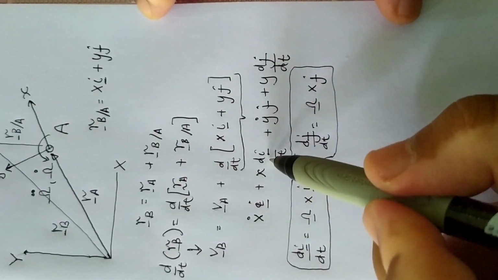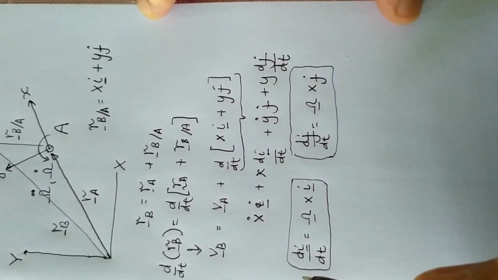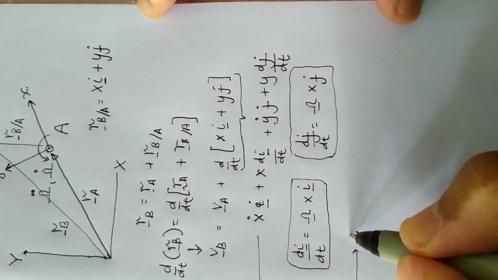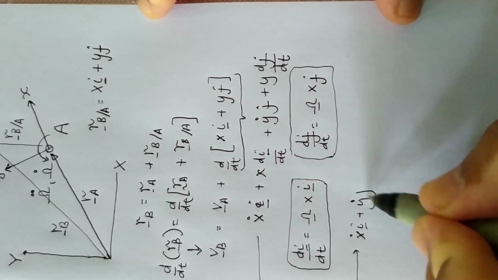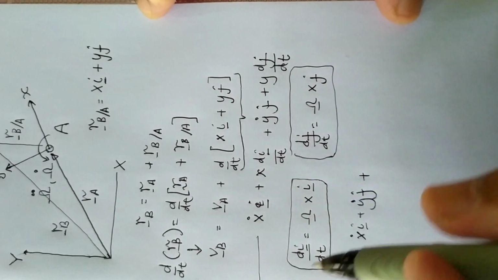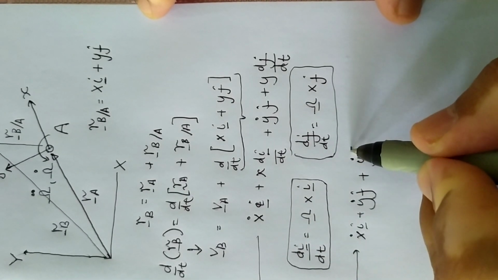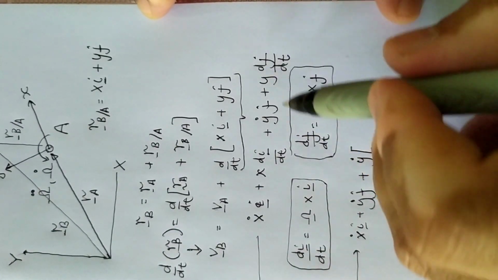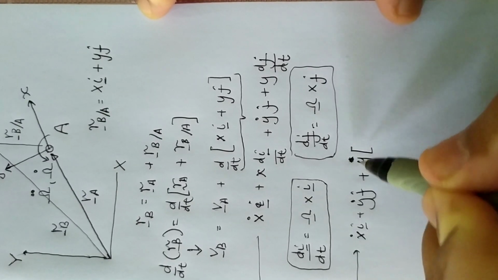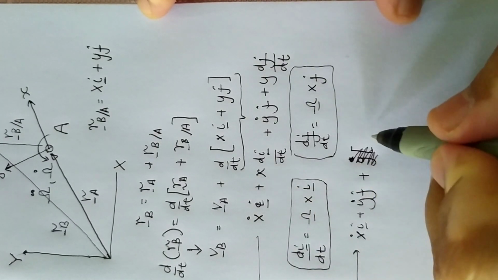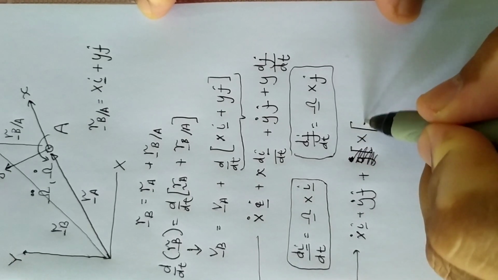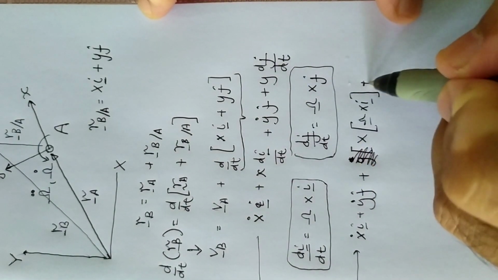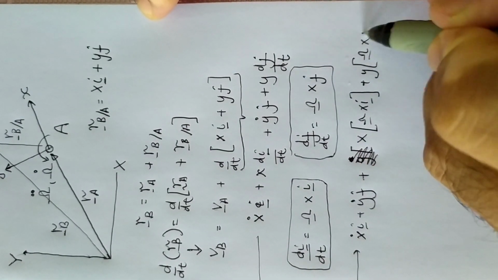So using di over dt and dj over dt, we can rewrite this equation as x dot i plus y dot j plus x omega cross i plus y omega cross j.